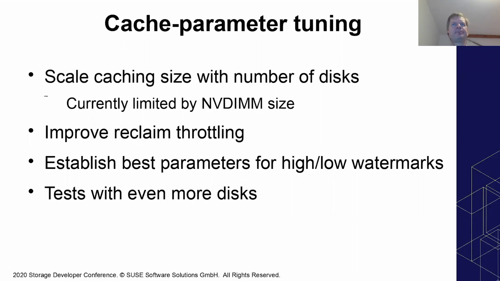And of course, there are the cache parameters which can do with some tuning. At this time, I ran with the parameters which had been there right from the start, meaning that the high watermark was about 50% and the low watermark was at 30%.